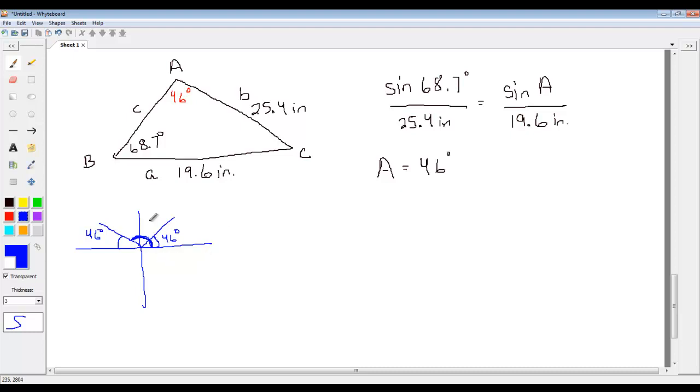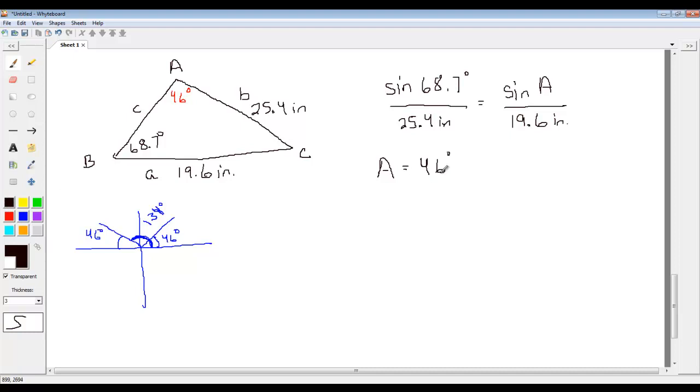But 134 degrees is too much. If you take angle B, 68.7, and add it to 134, you've already gone way past the 180 degrees that the three angles add up to. So in this case, the second angle is too big to work and make another triangle. So this is only going to make one triangle.